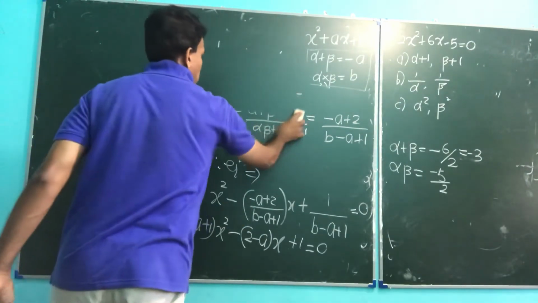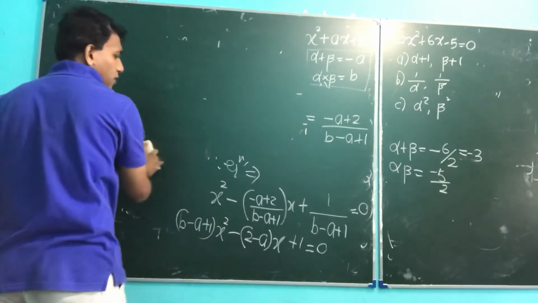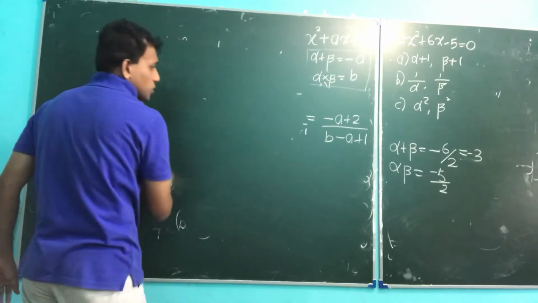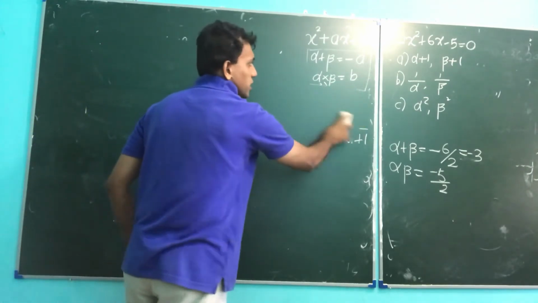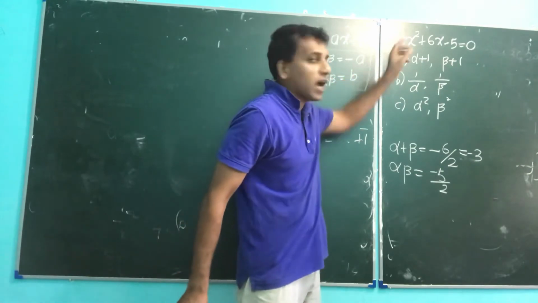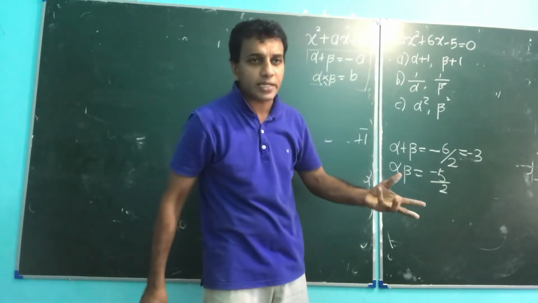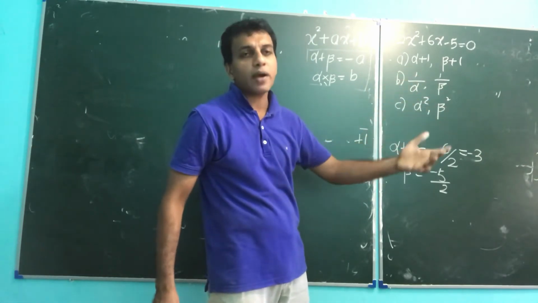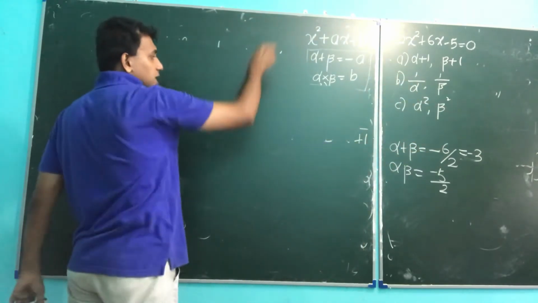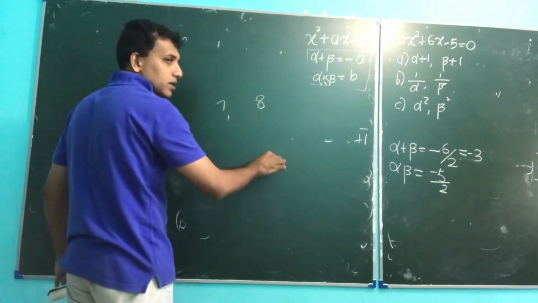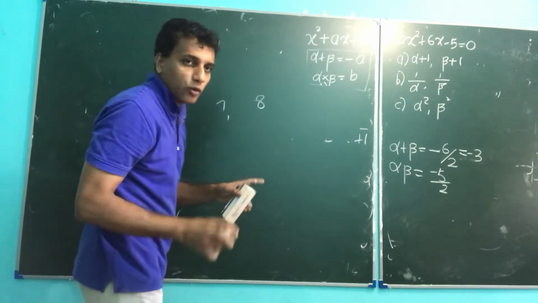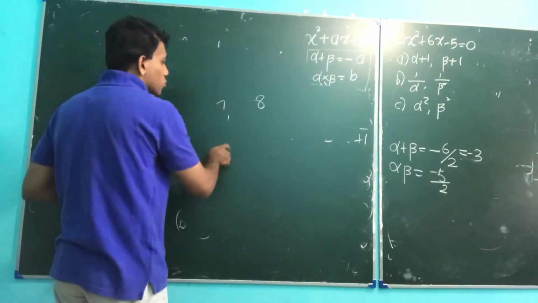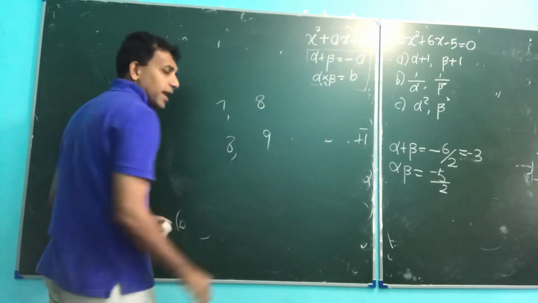For the first problem, I use the transformation method. I already explained it in the previous question. Think about a good transformation here. For the given equation, the answers are alpha and beta, but in the first part, alpha plus 1 and beta plus 1. For example, if the first equation's roots are 7 and 8, the new equation's roots are 8 and 9.